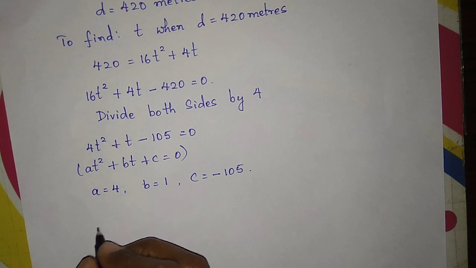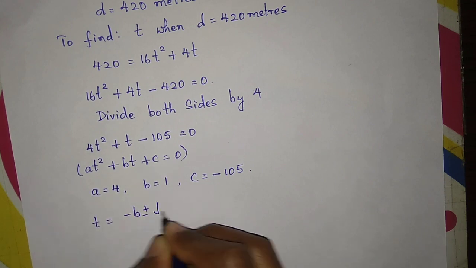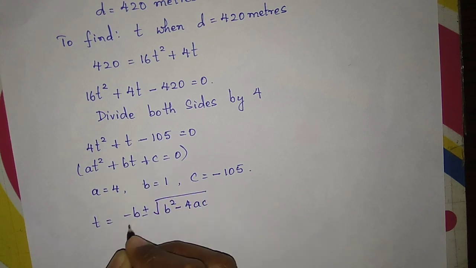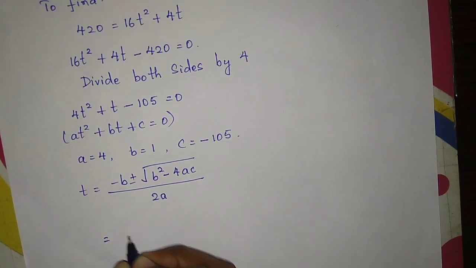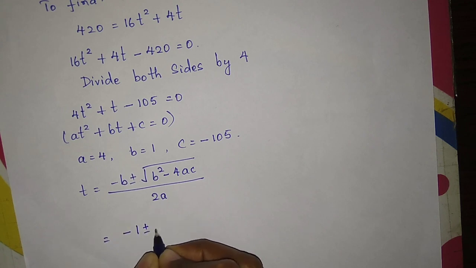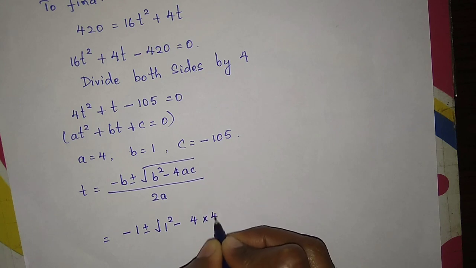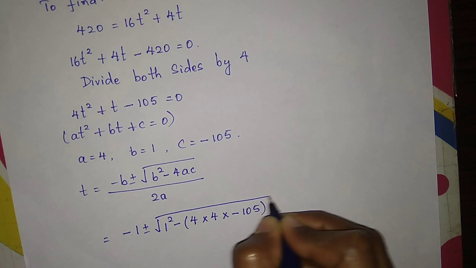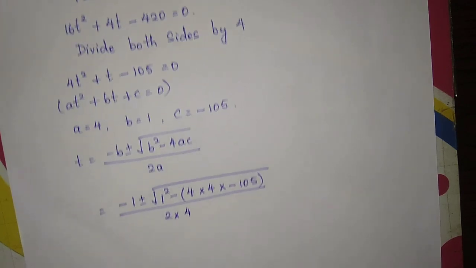Now use the formula t is equal to minus b plus or minus square root of b square minus 4ac divided by 2a to find the time. So this is equal to minus 1 plus or minus square root of 1 square minus 4 into 4 into minus 105, divided by 2 into 4.